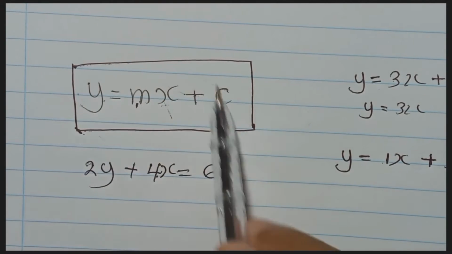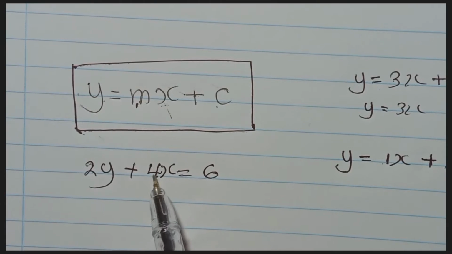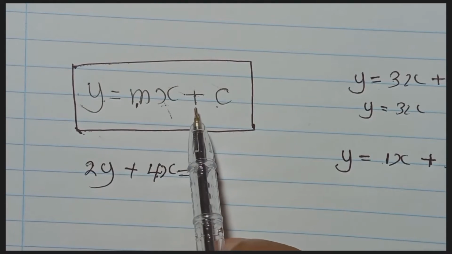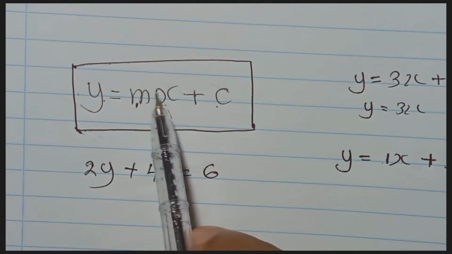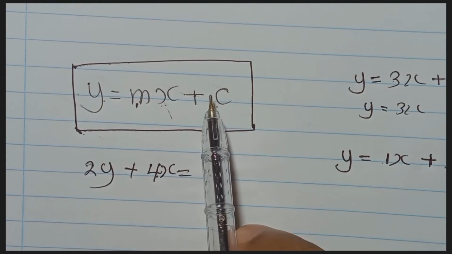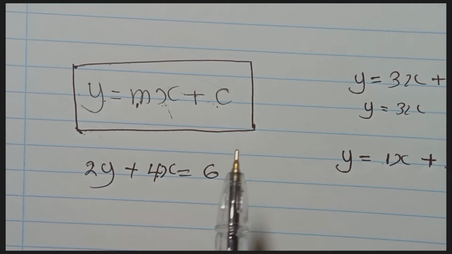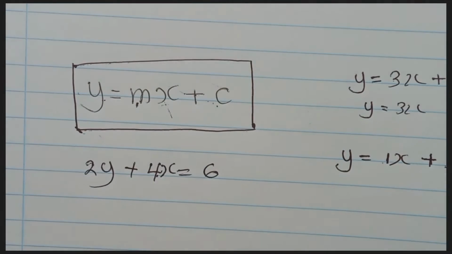You need to make y the subject. Here 2y plus 4x, y is not the subject. You must make y the subject, and then the value with x is the gradient. The normal number, this one, is the y-intercept, right? Keep in mind the basic idea you need to remember: if it is a linear graph, you can make it into this format.